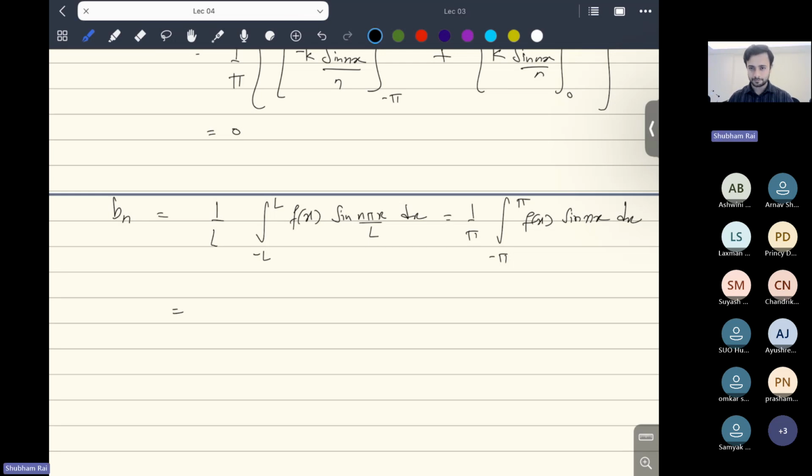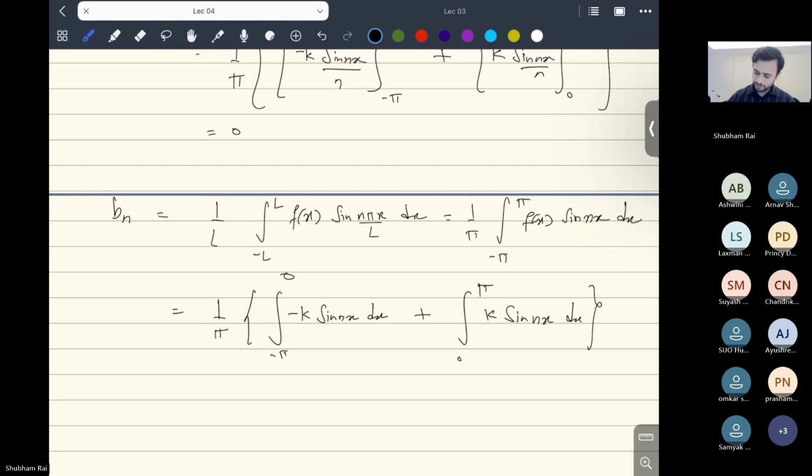So what we will get? 1 over pi. If you do that, you'll get minus of k sine of nx dx from minus pi to 0, and then you will get k sine nx from 0 to pi, because from 0 to pi our function is k, right?